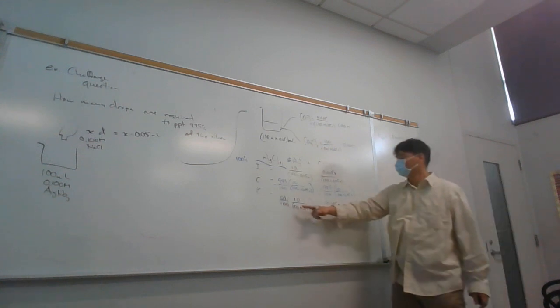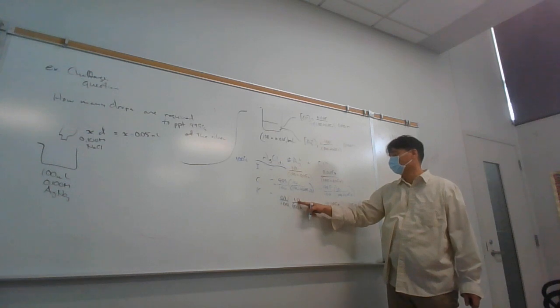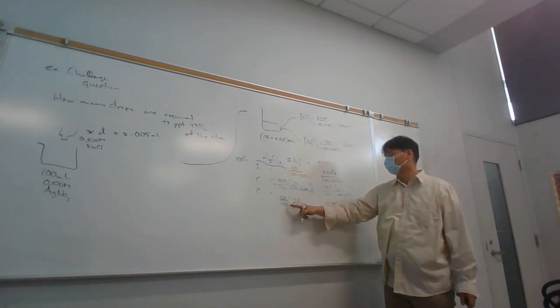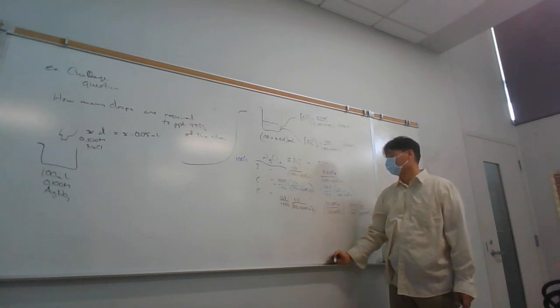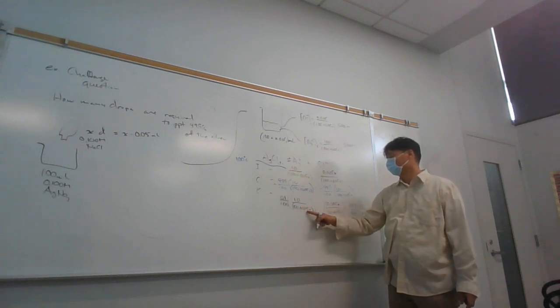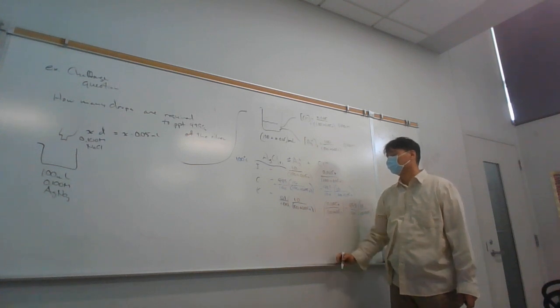Let's do this. 0.1 times 10 is 1, correct? And that would be 1 over 100. 100 times 100, it'd be 10 to the 4th. And then 100 times 0.05 would be 5.